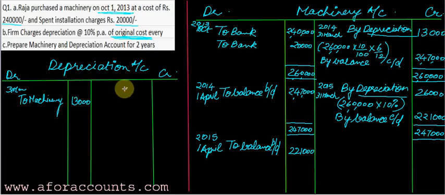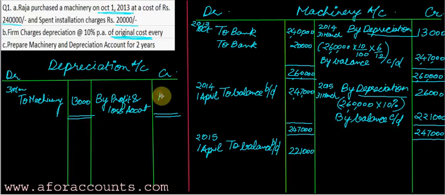Now depreciation is my expense and it needs to be taken to P&L debit, that is profit and loss account debit. So transfer it to profit and loss account by profit and loss account. And that is 13,000.